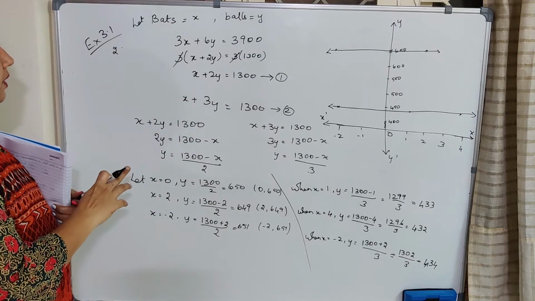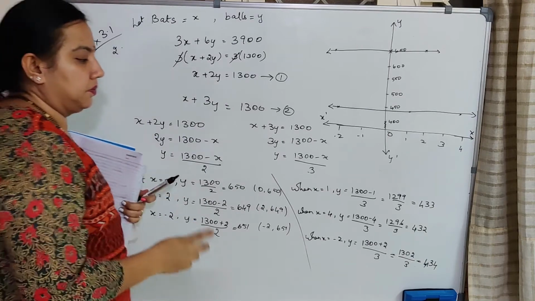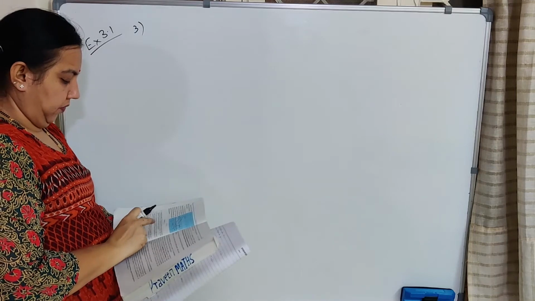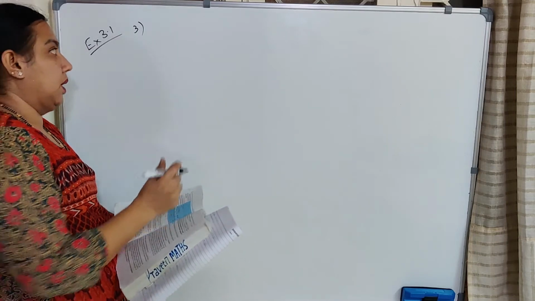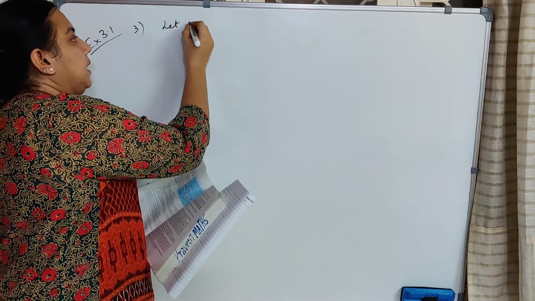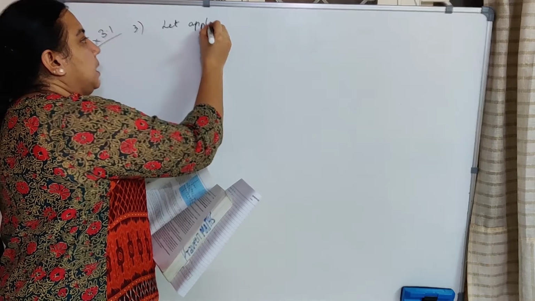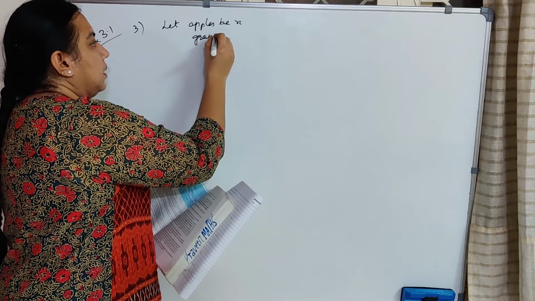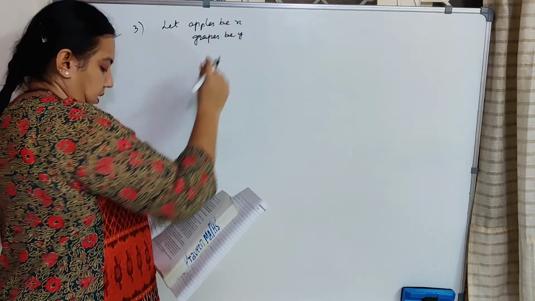Okay. Then we'll go to the third question now. We have talked on the variables are going to be x and y representing apples and grapes. Okay. So let apples be x, and grapes be y.